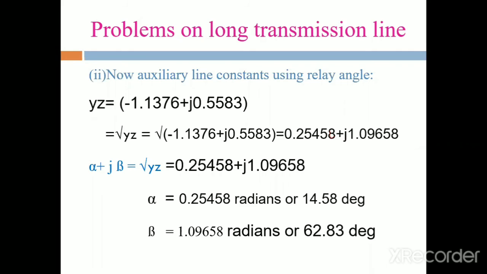After that we convert radians into degrees. Radians into degrees, that is alpha is equal to 14.58 degrees, and beta is equal to 62.83 degrees. Okay, these are the values for alpha and beta.